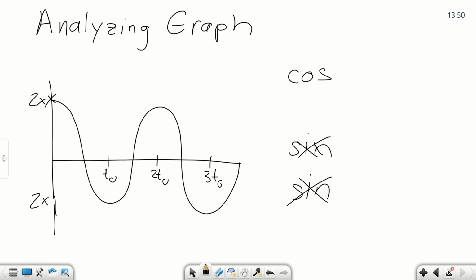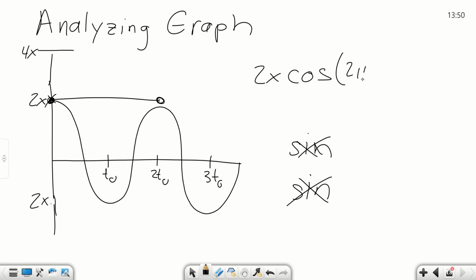The amplitude should be 2x, because that's the max amplitude. Be careful, because if it goes up to 4x but the line doesn't ever reach there, don't say 4x. It's wherever the maximum height of the graph is. You need to figure out where one wave occurs. One wave occurs after a time of 2t naught.